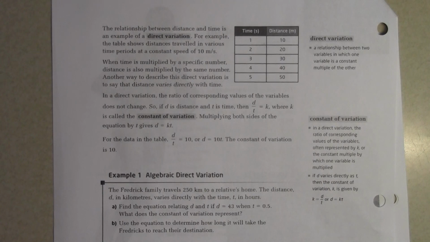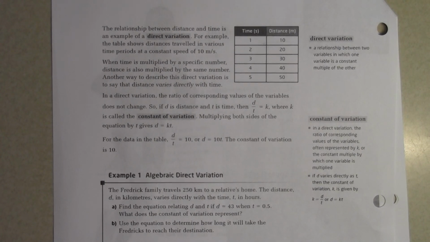So if d is distance and t is time, then d over t equals k, where k is called the constant of variation. Multiplying both sides of the equation by t gives d equals kt. For the data in the table, d over t equals 10 or d equals 10t, the constant of variation is 10. Good, so again, they're just using that triangle and showing you the different variations.